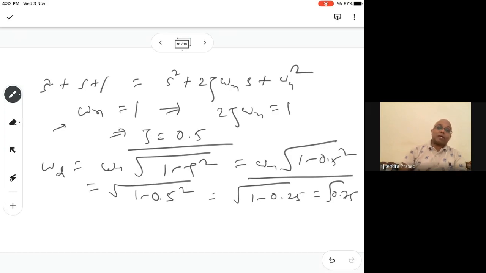All other things you can calculate based on the formula. Start with the rise time. Okay, so this is TR. You can refer to your book or the lecture notes.